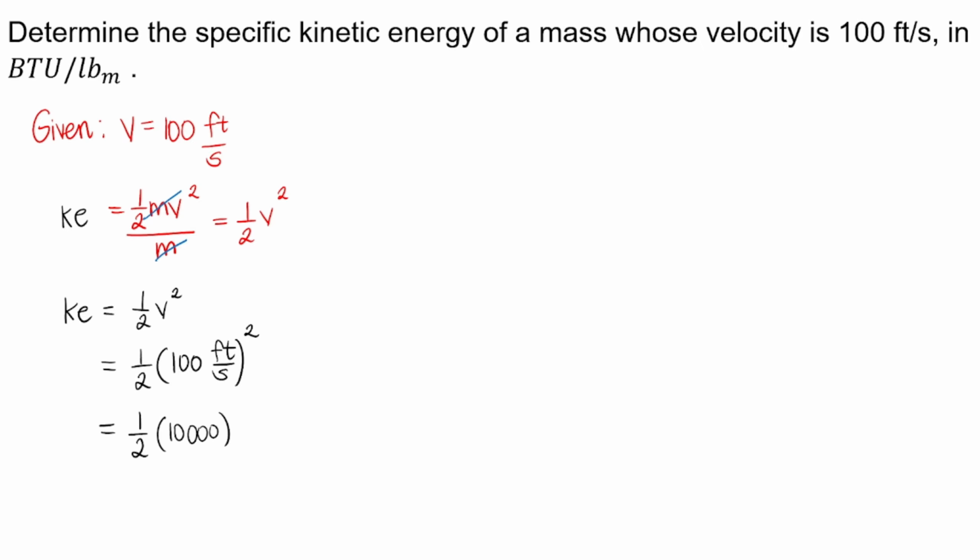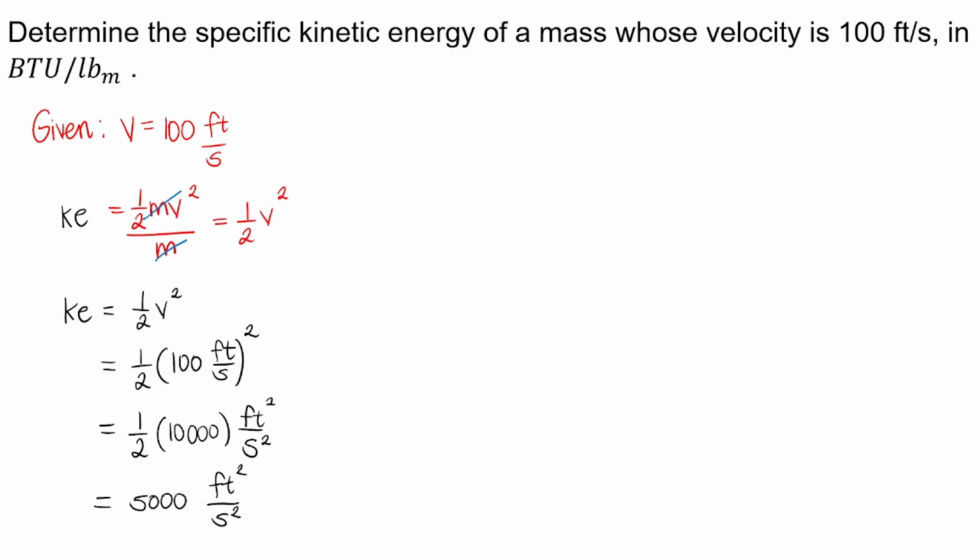And the unit will be feet squared per second squared. So, in thermodynamics, kailangan maingat talaga sa units. And so, 10,000 times 1/2, that is 5,000 feet squared per second squared.